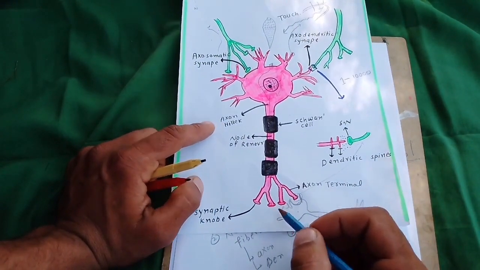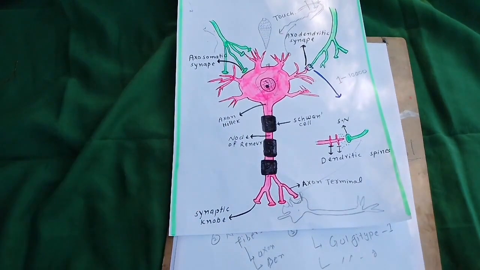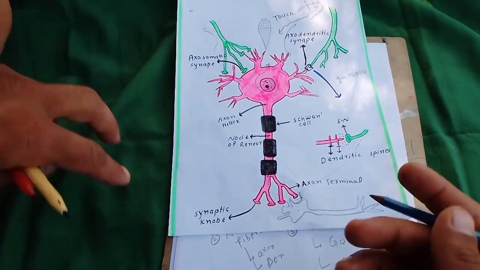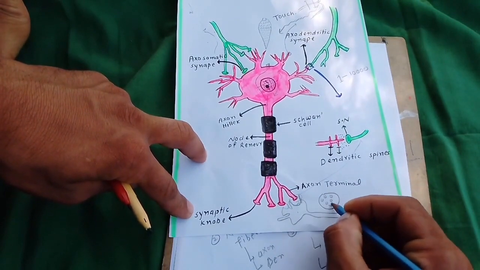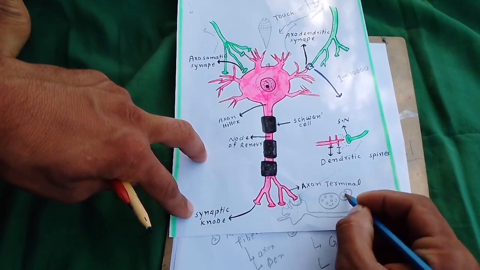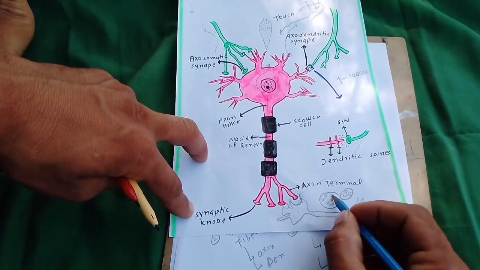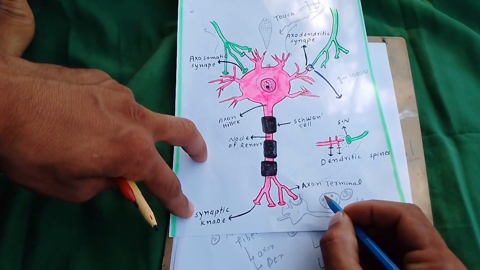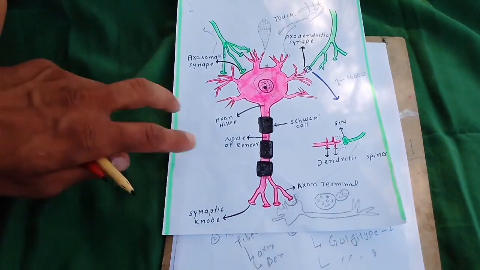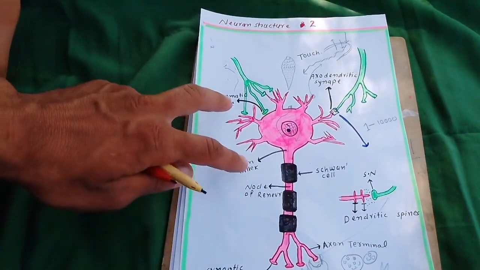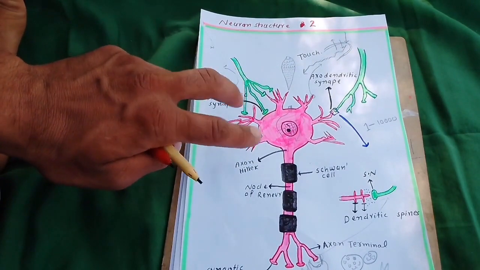This one is the synaptic knob. The synaptic knob stores synaptic vesicles. There are many synaptic vesicles present here, and these synaptic vesicles contain neurotransmitter. These are the neurotransmitters which are released during the transmission of the impulse. So this is all about the axon and dendrite.